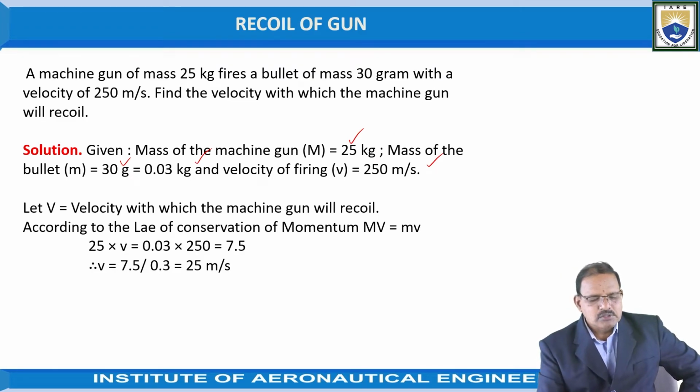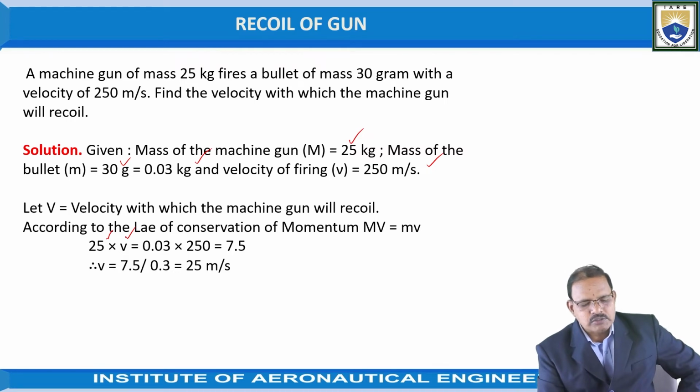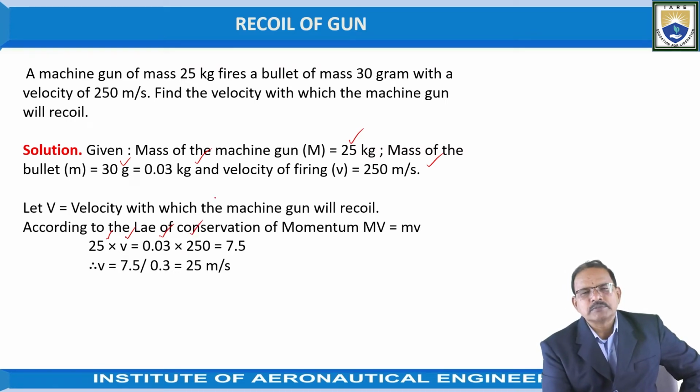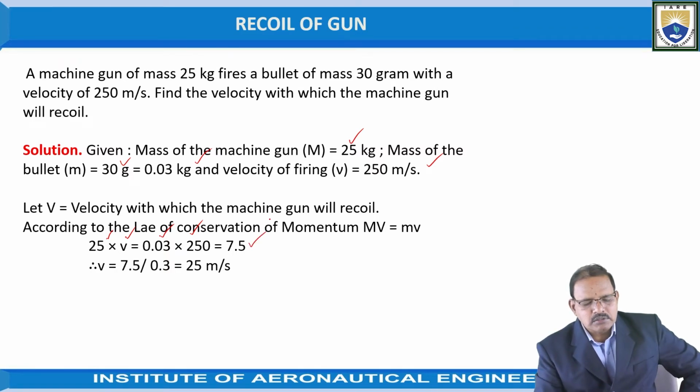So 25 times V, the mass times velocity of the gun, is equal to the momentum of the bullet, 0.03, the mass of the bullet, times 250, the velocity, which is 7.5. So the velocity is 7.5 divided by 25, which is 0.3 meters per second. That means the gun recoils with a velocity of 0.3 meters per second.